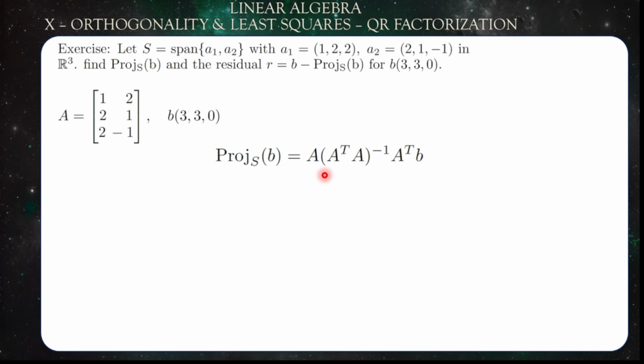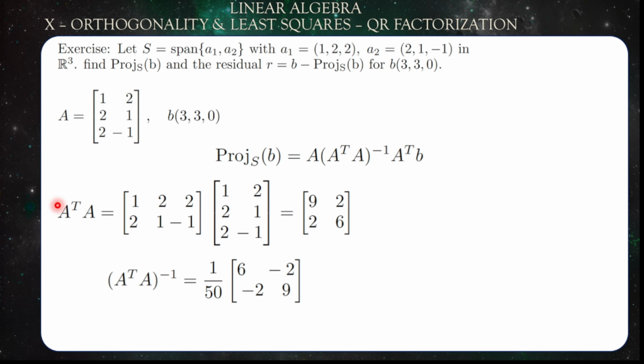So it's given by A multiplied by the inverse of the transpose of A times A, multiplied by the transpose of A and multiplied by B. Okay, so the transpose of A times A: you flip it over, so the columns become the rows.